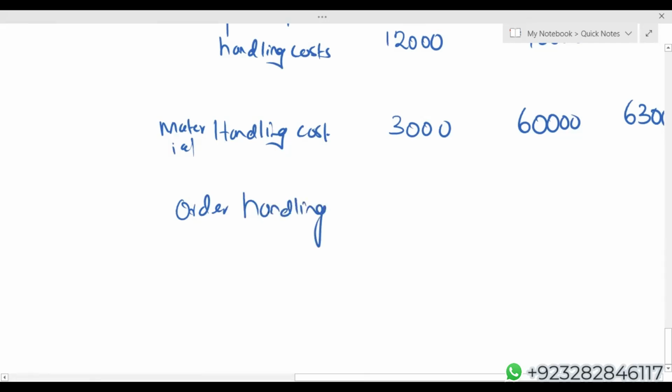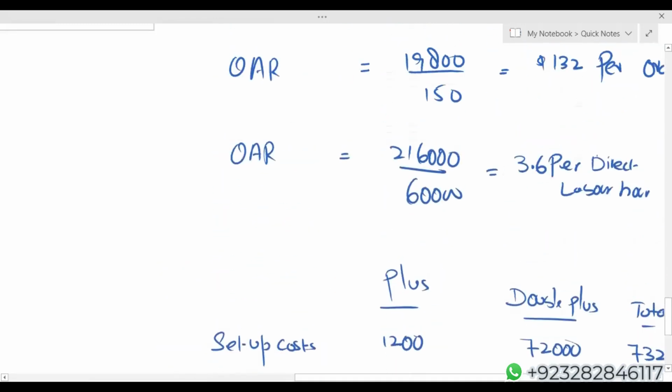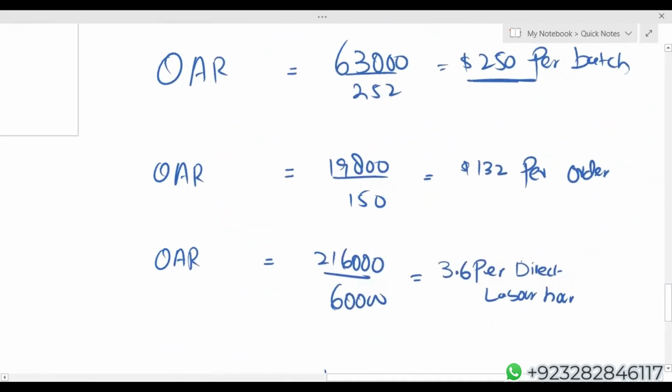We have already calculated the per order handling cost. Multiplied by the total number of orders for plus, it will give us how much order handling cost belongs to plus, and then obviously the remaining belongs to double plus. Let's see what is the per order handling cost. Per order it is 132.